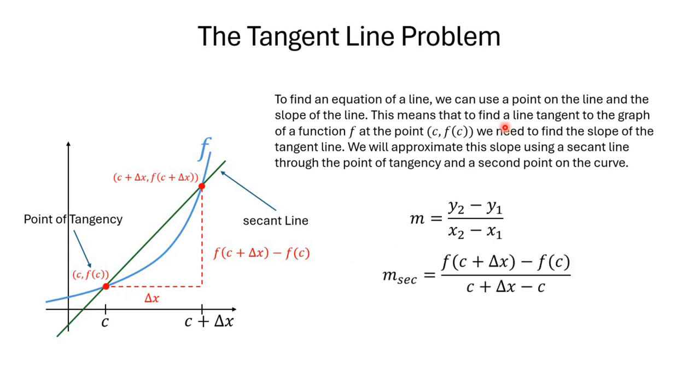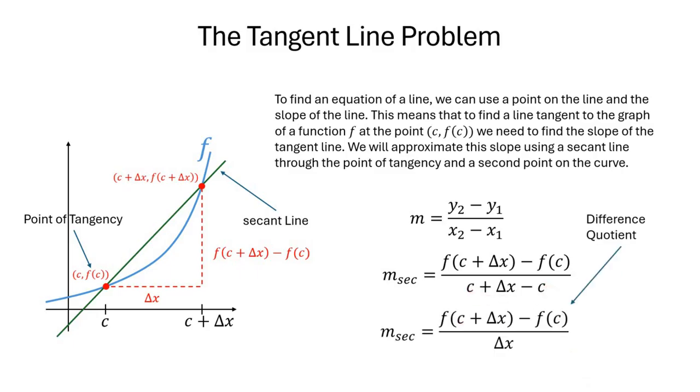So plugging those things into the formula, y2 minus y1, which is that vertical change, and x2 minus x1, which is c plus delta x minus c, the c minus c cancels out, and we get this difference quotient. The slope of a secant line can be found using this difference quotient, which is f of c plus delta x minus f of c, all divided by delta x.